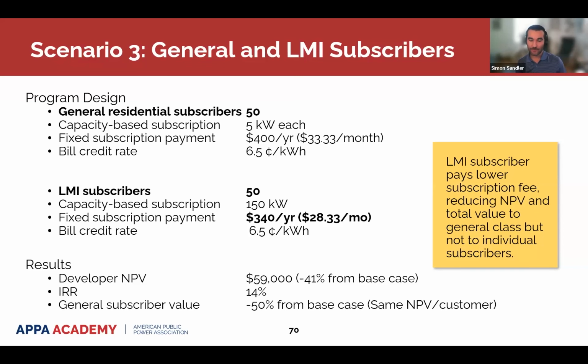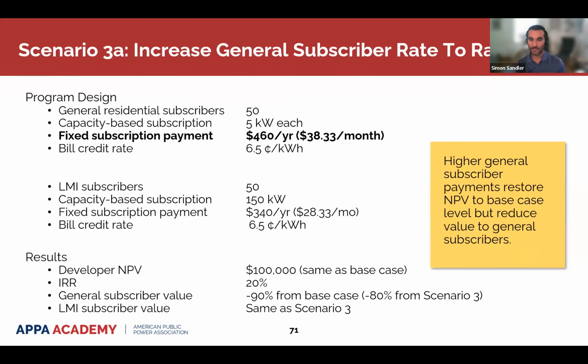Now, if we go to the next scenario, what we're going to see is, okay, well, what if you want the same number to be true, right? You want the developer to be made just as whole as that base scenario. So what we've done here is, I don't want to use the word subsidized because it's a very, I think, hot word.